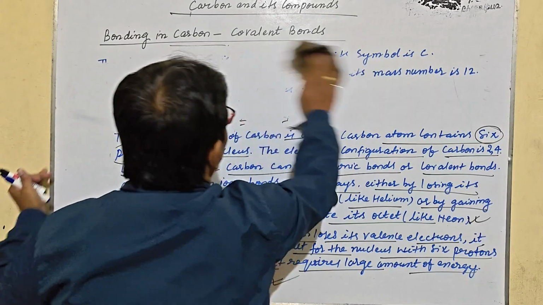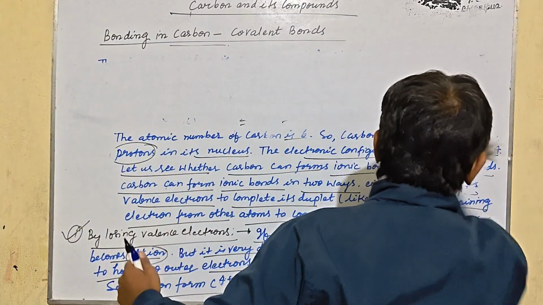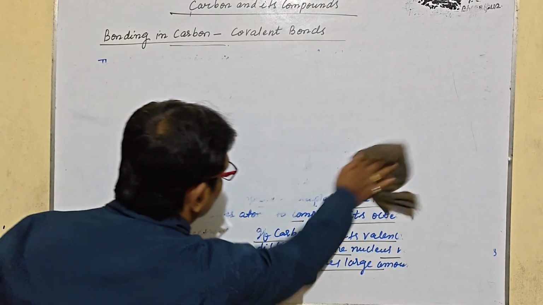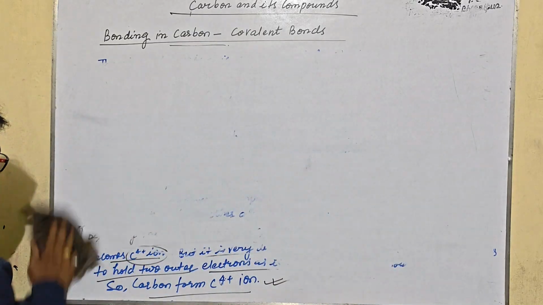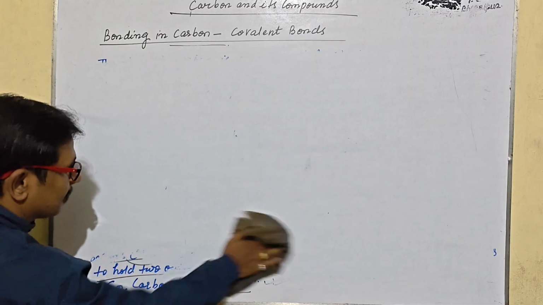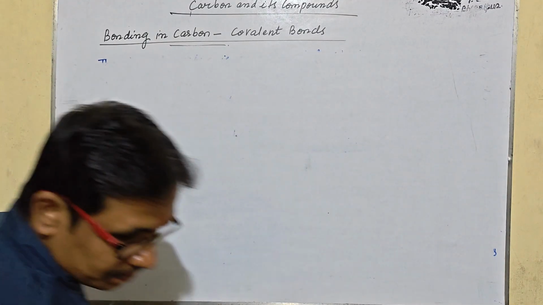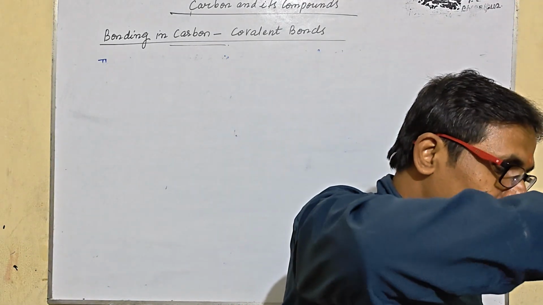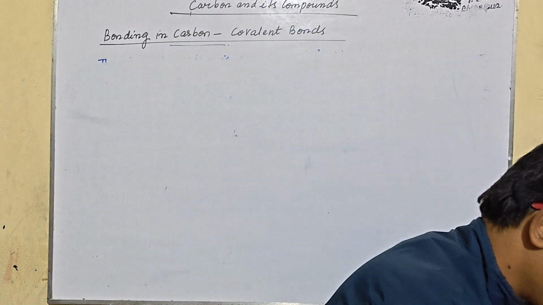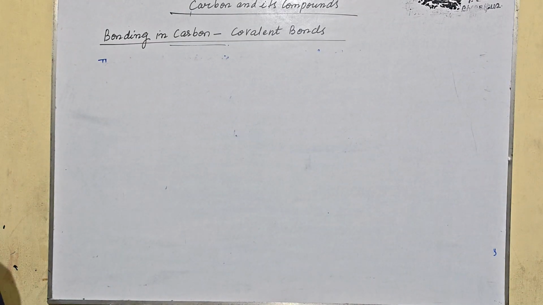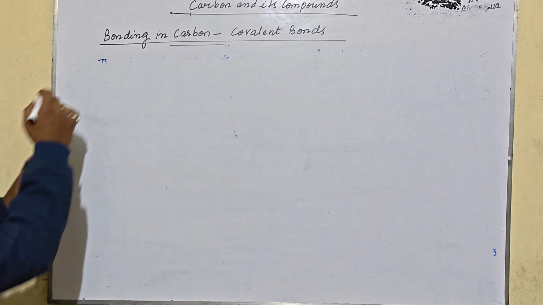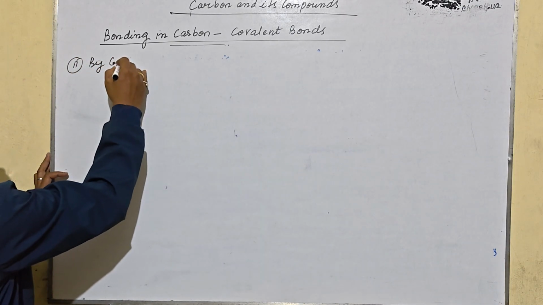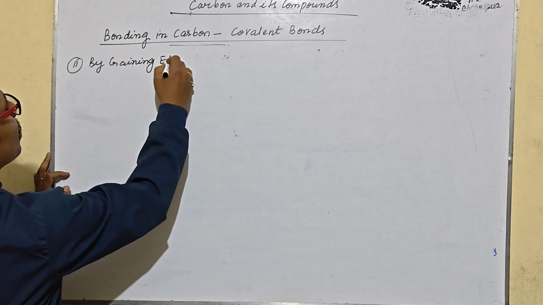So the first point is by losing valence electrons, the second is by gaining electrons.